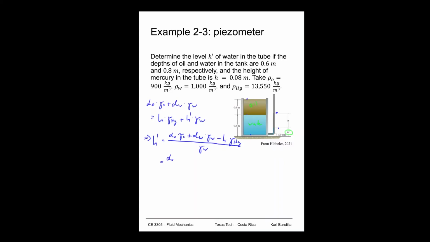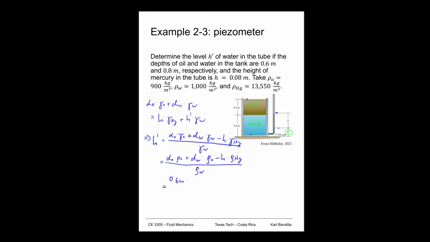So we get D oil times rho oil plus D water times rho water minus H times rho mercury, divided by rho water.